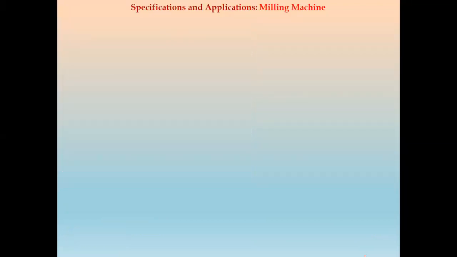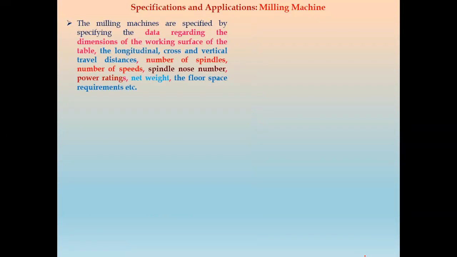Now we will see the different specifications and applications of this milling machine. The milling machines are specified based on some criteria. If you see these criteria, first is the data regarding dimensions of the workpiece, or we can say work table.